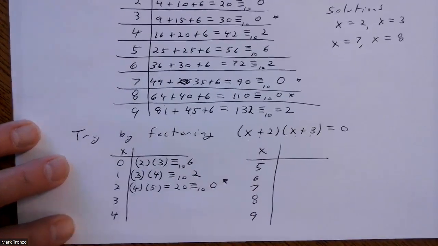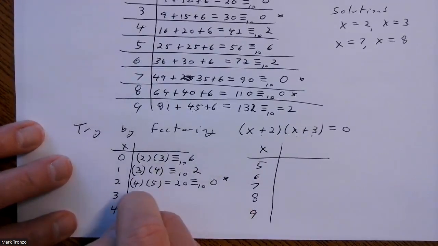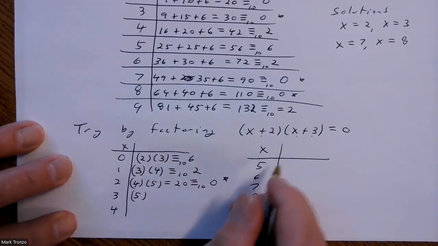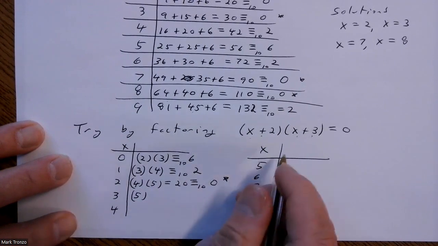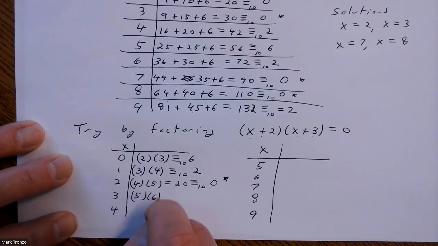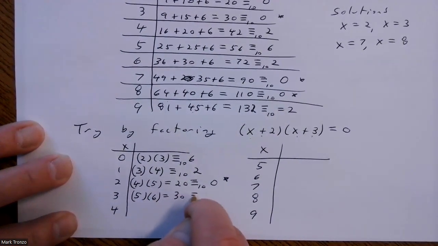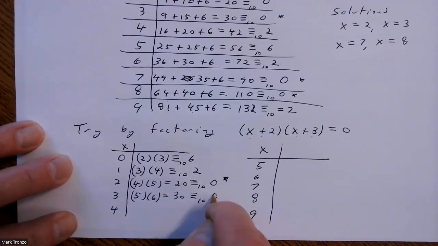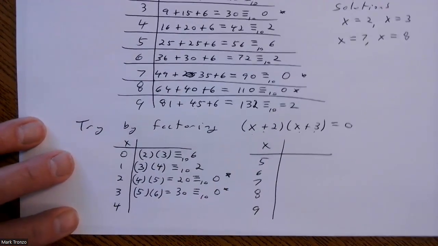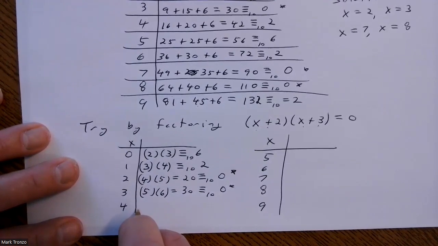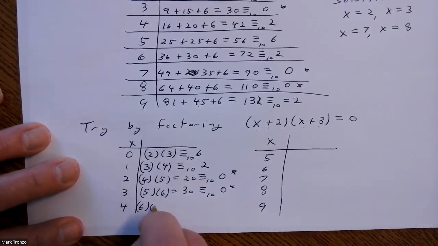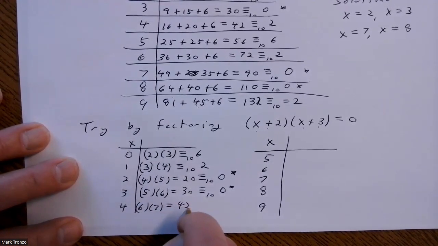which we got previously. And if we put 5, 5 times 6 is going to be 30. That's going to be 0. If we put 4, that's going to be 6 times 7, which is 42.